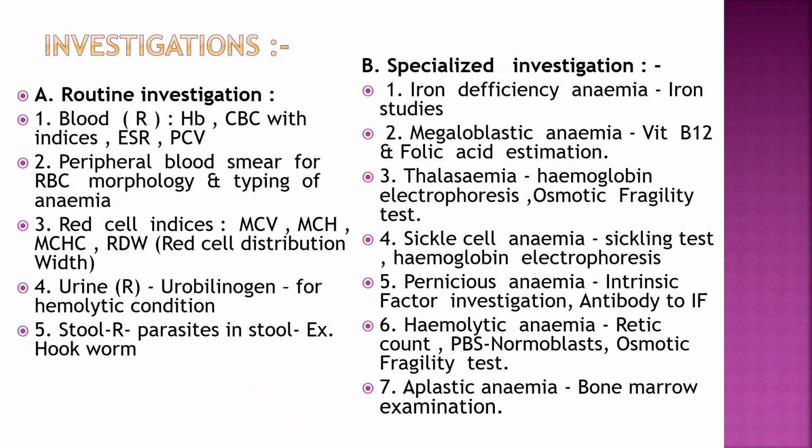The investigations done are of two types: routine investigations to know whether anemia is there or not, and specialized investigations to know which type of anemia. First, routine investigations. Basic investigations like blood routine, that is HB, CBC, ESR, PCV, peripheral blood smear for RBC morphology and typing of anemia, red cell indices, mean corpuscular volume, mean corpuscular hemoglobin, mean corpuscular hemoglobin concentration, red cell diameter width, which you can see in cell counter readings.